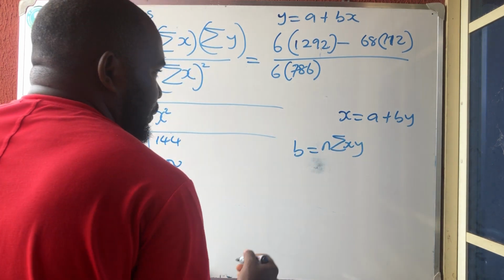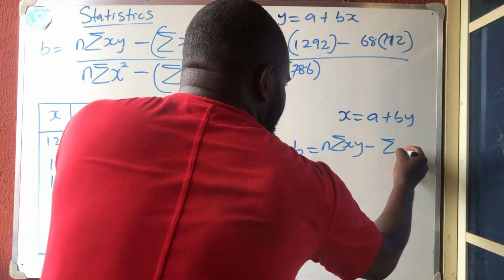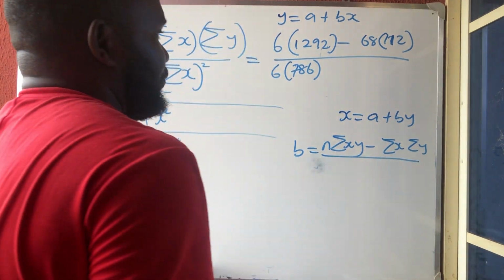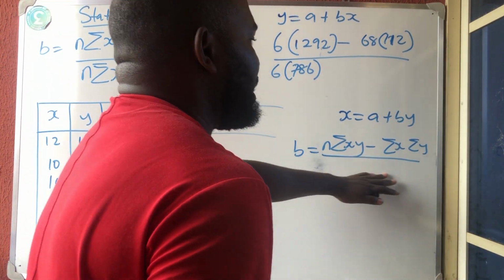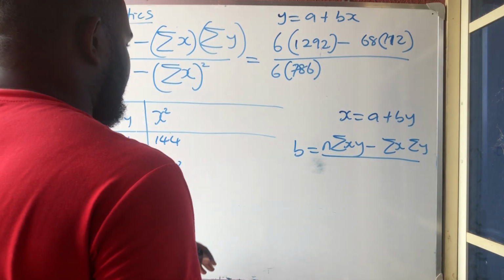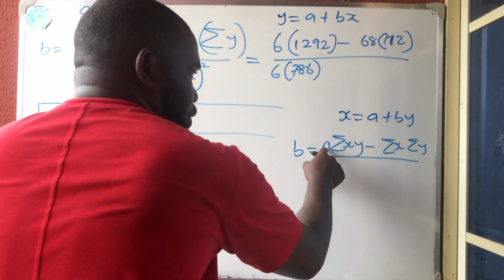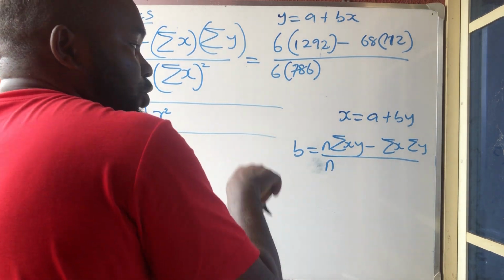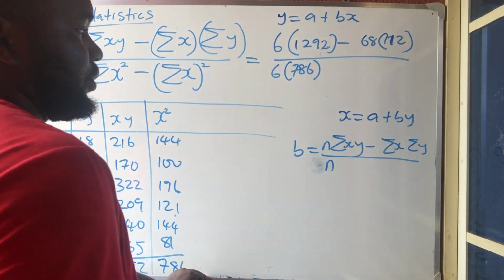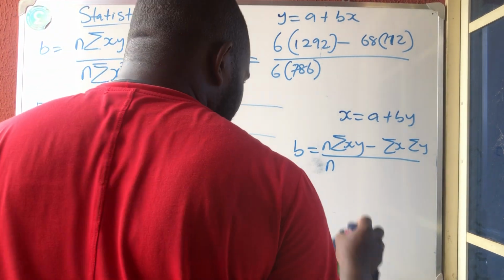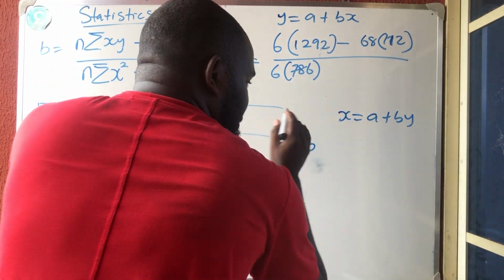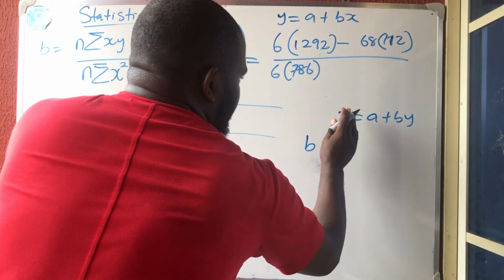The formula is very simple, minus each of them, all over. For the fact we are talking about y now, y alone is what I'm going to have at the denominator, which is the number again. Anywhere you see x now put y, and anywhere you see y now put x. What am I saying? Let me show you what I'm saying. From the up you can get the down. My b, let me show you how to know the formula. If I'm using, okay, let me use the first one.